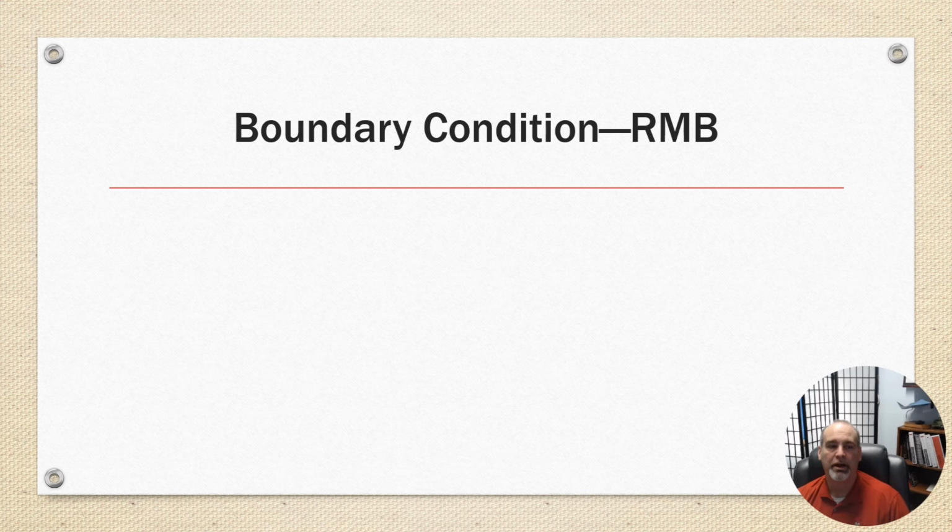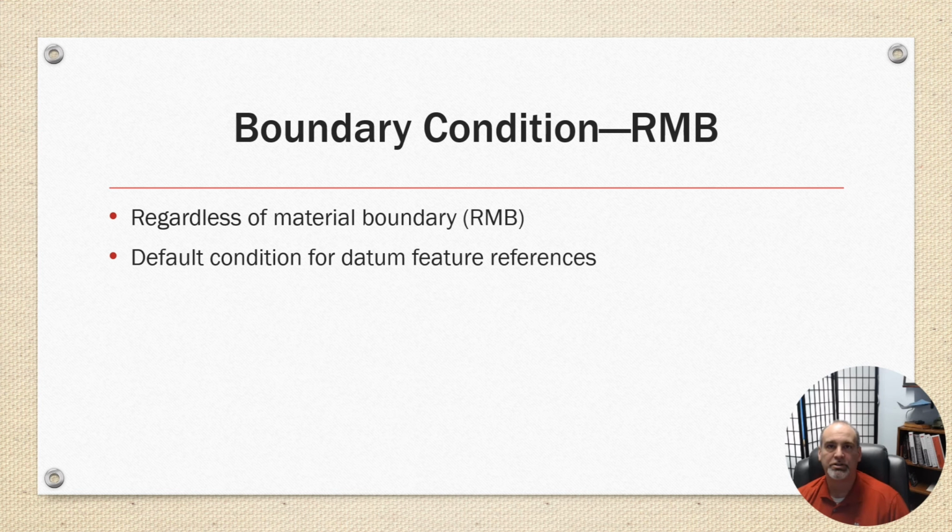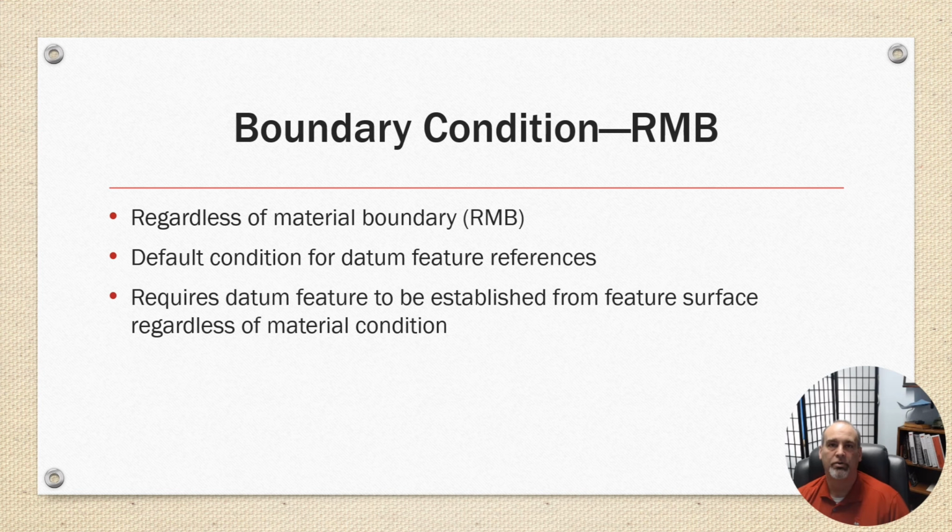Now let's look at boundary condition, RMB. It's regardless of material boundary. It's also the default condition for datum features references, and requires the datum features to be established from the feature surface regardless of the material condition.